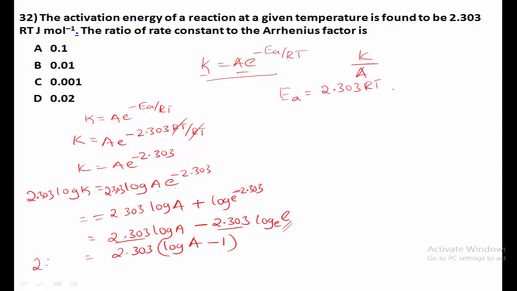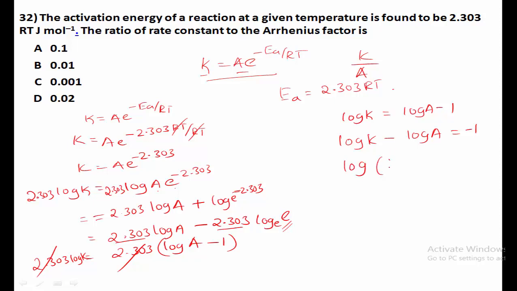And here I will get 2.303 log K. The 2.303 cancels. Then what remains? Log K is equal to log A minus 1. Bring this log A to this side. Then log K minus log A is equal to minus 1. Log m minus log n is log m by n.